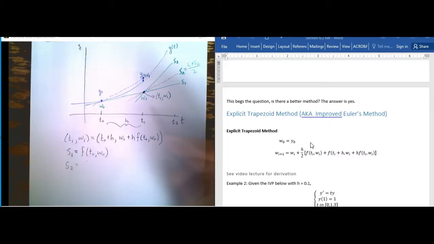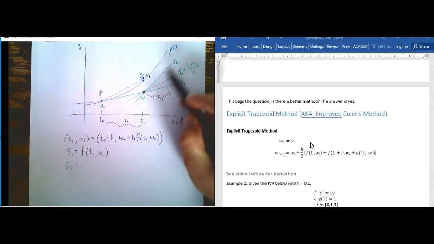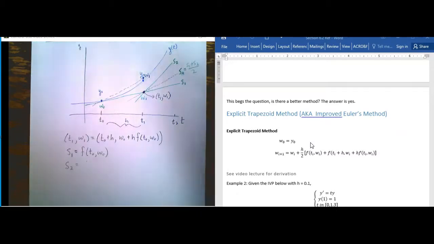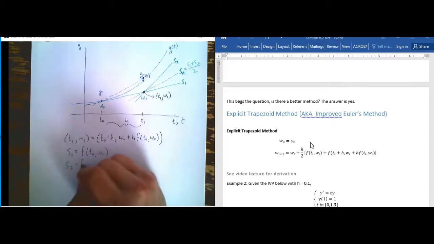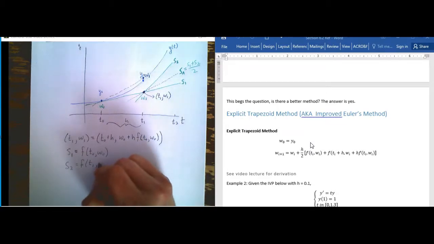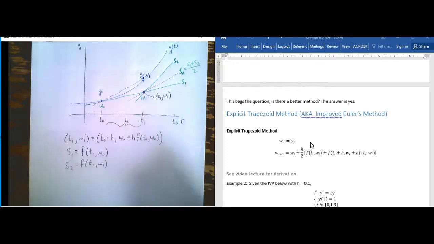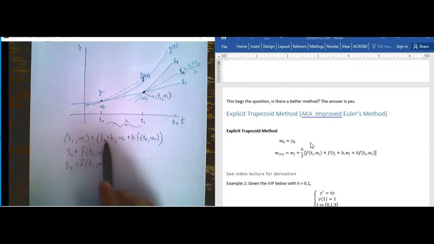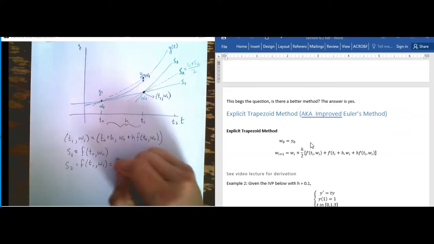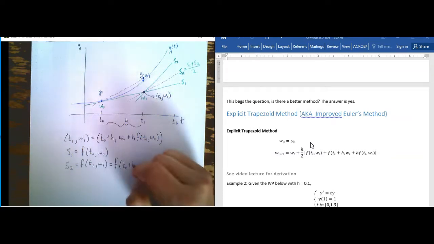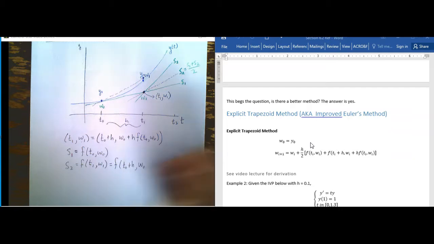And S2 is the slope of the tangent line at this point, so that would be f of T1, W1, which is actually this point right here. That would be f of T naught plus h, comma, W naught plus h f of T naught, W naught.